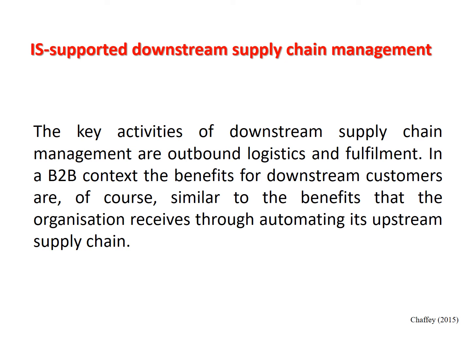So, in order to support the upstream and downstream, we really do need IS, which is information systems incorporated within the organizational structure, to allow you to communicate between the different suppliers, companies, customers, and so on and so forth.